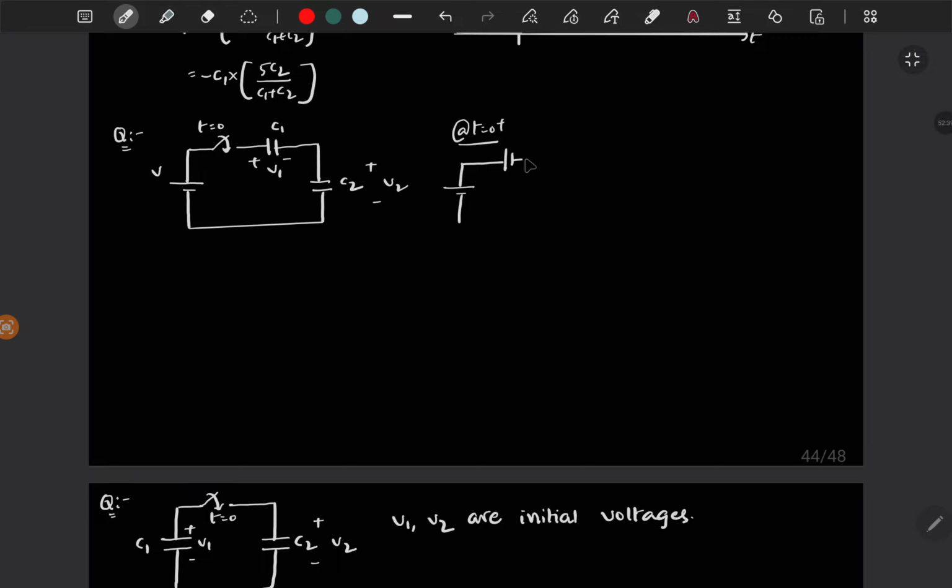So if you want to find the initial voltage or final voltage, for circuit analysis, the circuit remains the same for both initial and final steady state circuits, right?